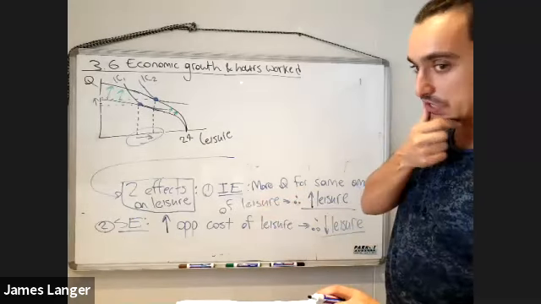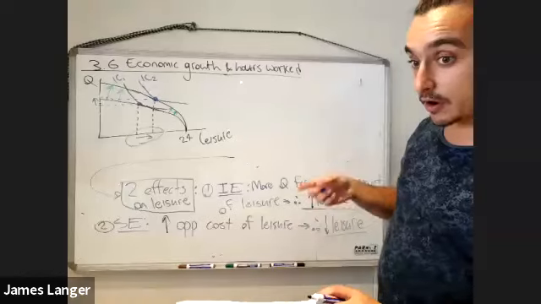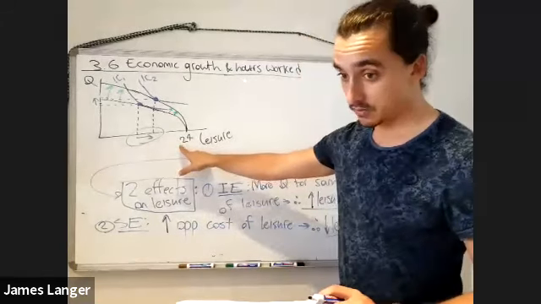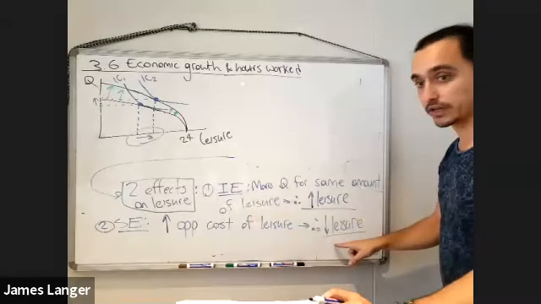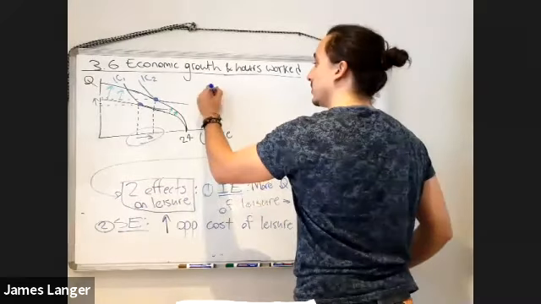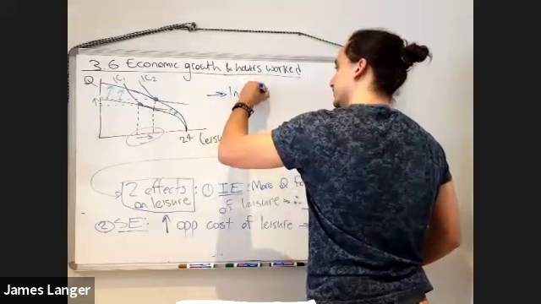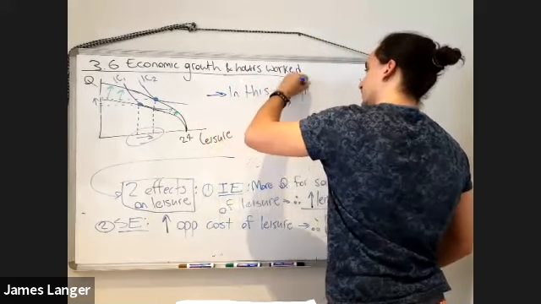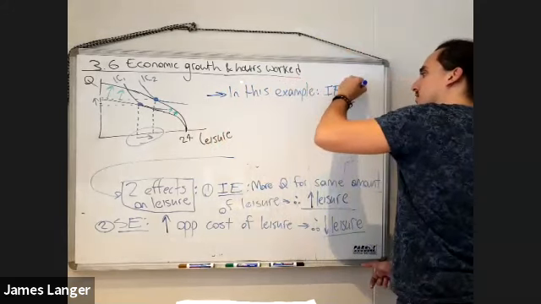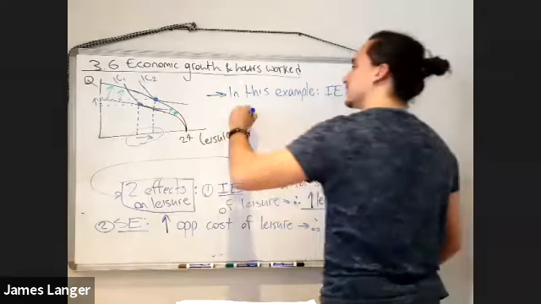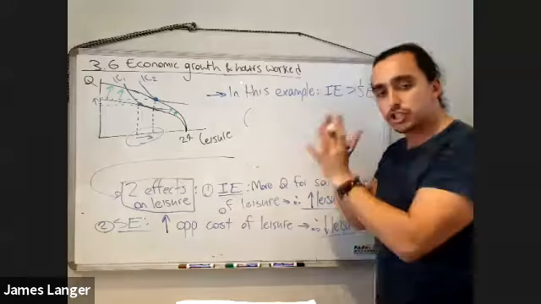So we're looking and we're seeing that there was an increase in leisure. The income effect increased leisure, the substitution effect decreased leisure. So in this example, we see that the income effect is greater than the substitution effect. But this is just this example.